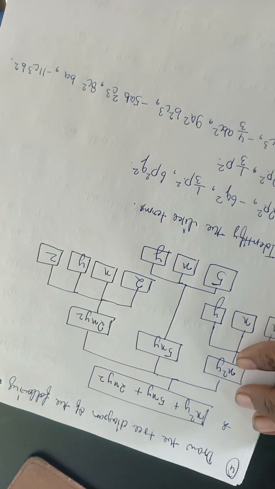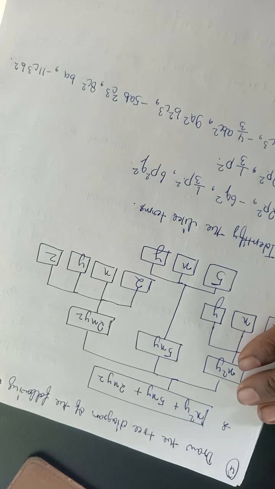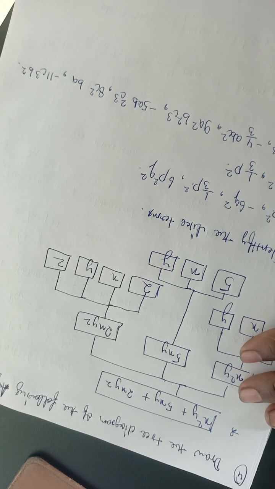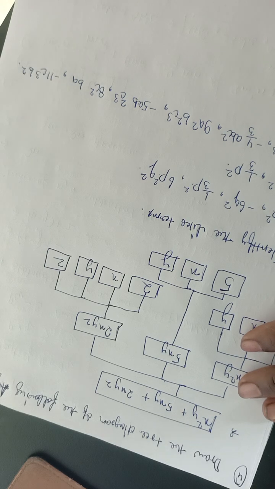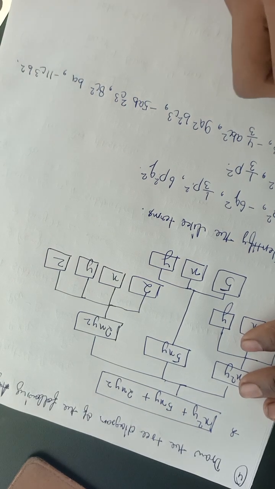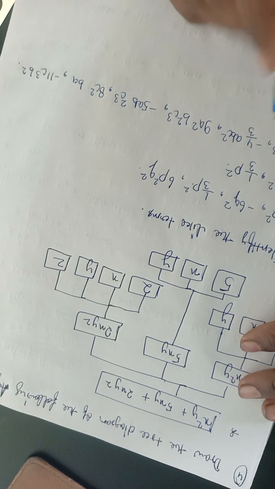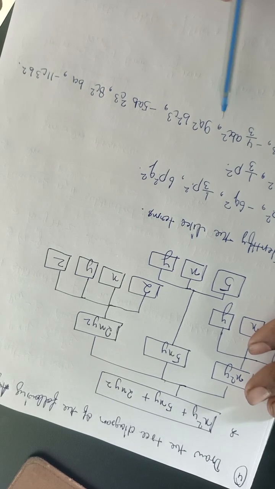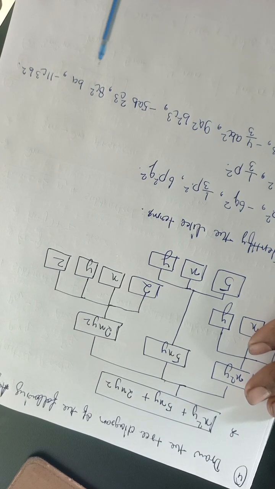This is a very big expression. Now in this you have to identify the like terms. First, look at ab square and c cube.